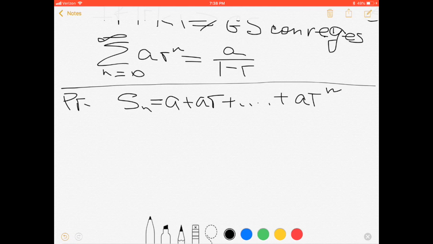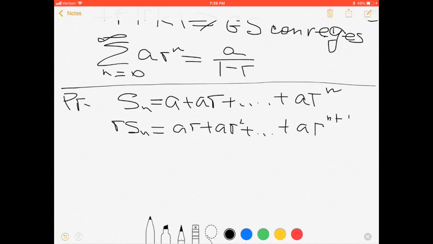Since n starts with 0, this means n plus 1 terms. Now I multiply this sum by r. rS_n will be ar plus ar squared plus ... plus ar to the n plus 1.